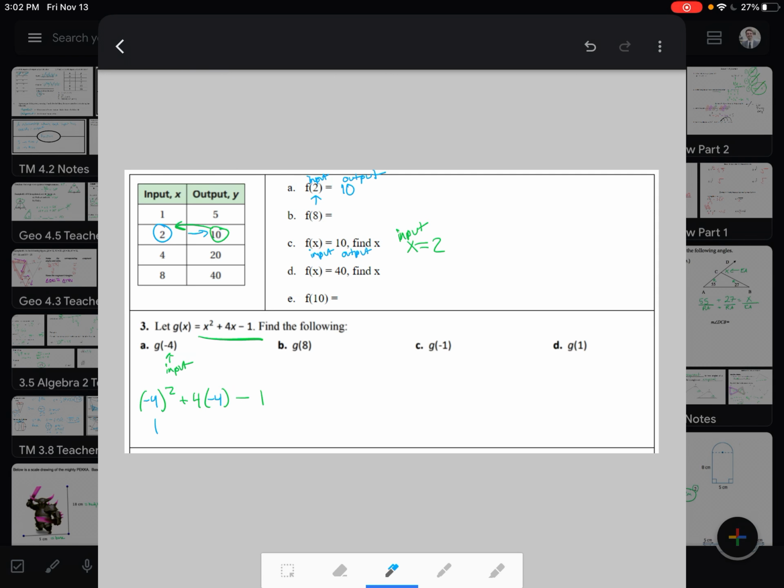So -4 times -4, okay, positive 16, minus 16, because 4 times -4 is minus 16, minus 1. Well, all that together just gives us an answer of -1. So again, that's what we're going to do for the rest of these questions too, and that's your job to plug that in right now. Again, everywhere that we see an x, we're plugging in that input value, and then we are evaluating to see what is our answer when we do that.